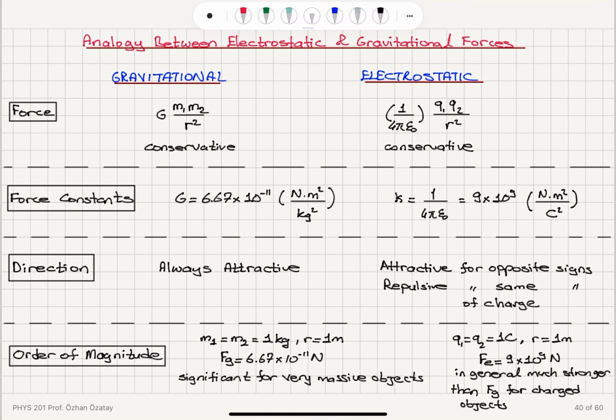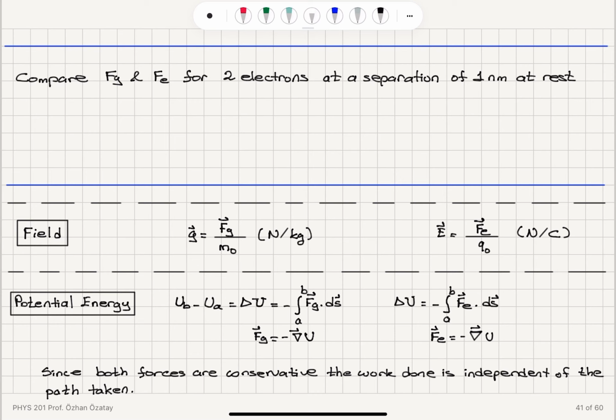So let's take a look at an example to clarify this point. Compare the gravitational force and electrostatic force for two electrons at a separation of 1 nanometer at rest.